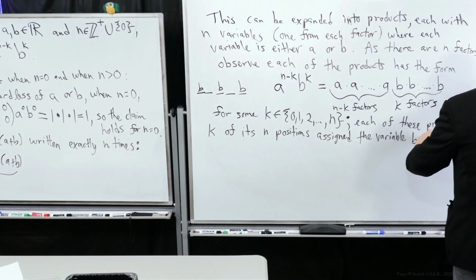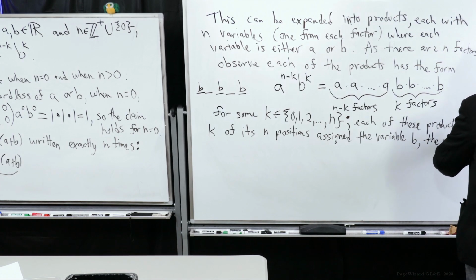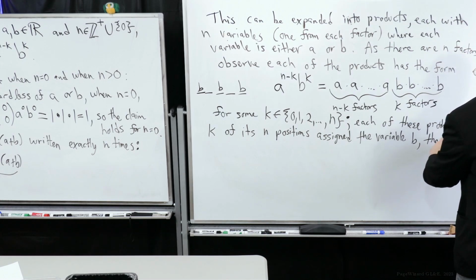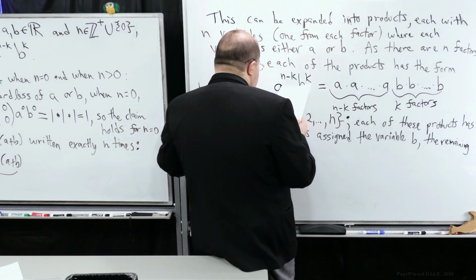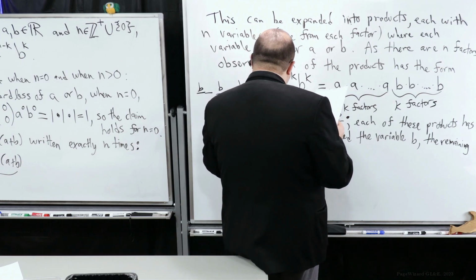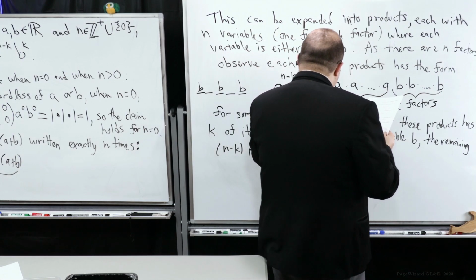So the remaining n minus k positions contain A, right?